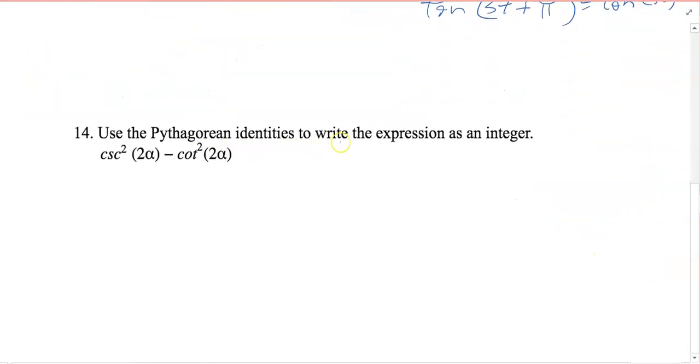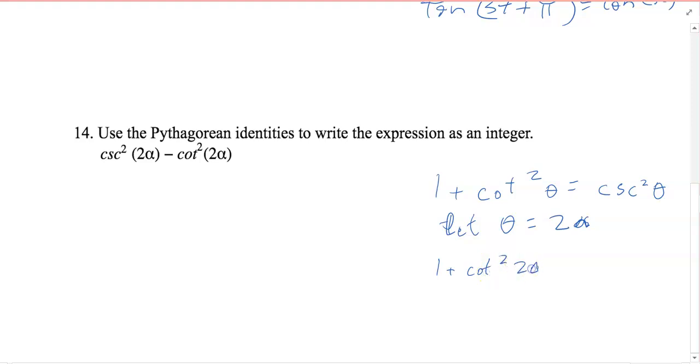Now the next example: use Pythagorean identities to write the expression as an integer. What we know is that based on our second identity, we have 1 plus cotangent squared theta is equal to cosecant squared theta. If we let theta be equal to 2 alpha, because 2 alpha is our input, then we have 1 plus cotangent squared 2 alpha is equal to cosecant squared 2 alpha.